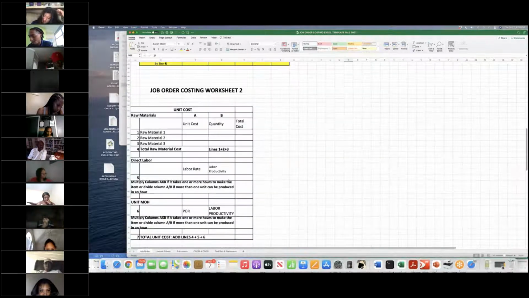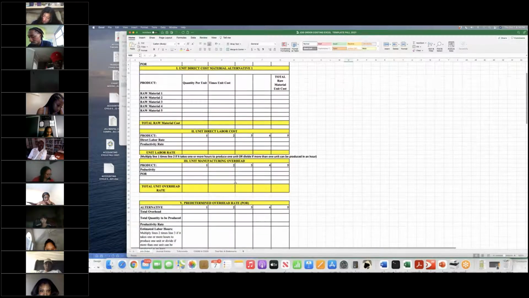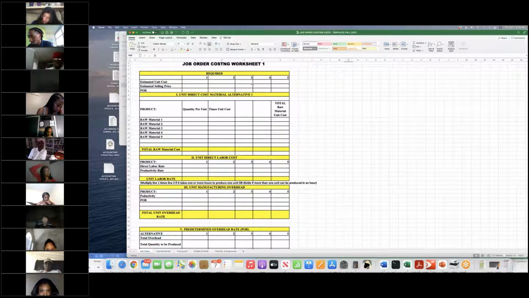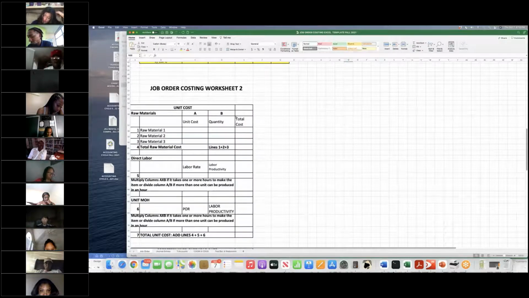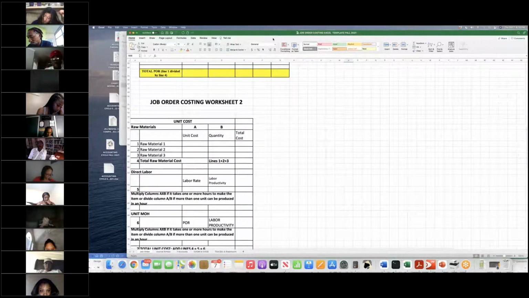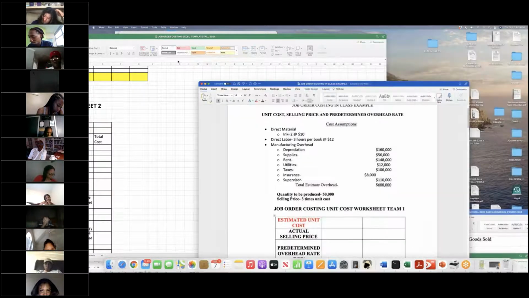Okay, so on the template, we have the template with worksheet 1 and worksheet 2. So let's go ahead and see if we can review this quickly. I think we worked on this last time.